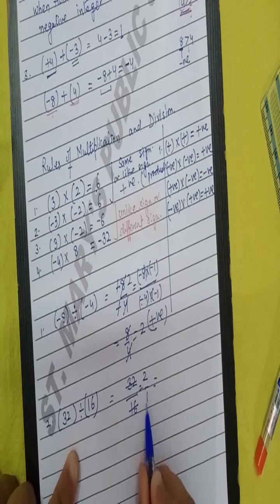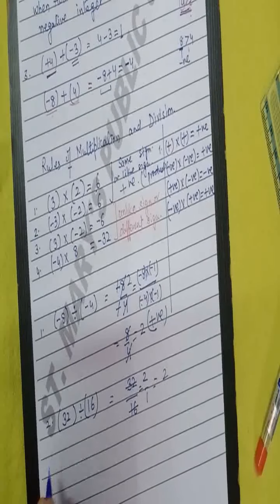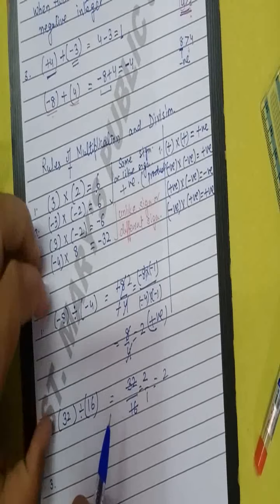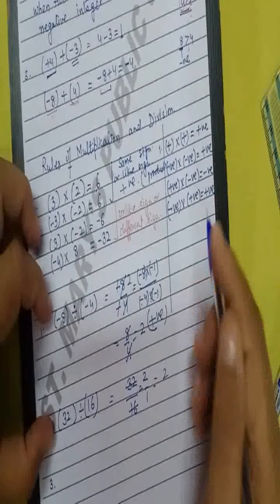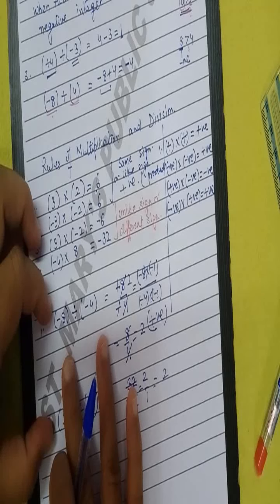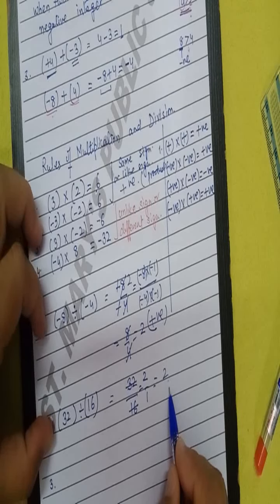And if the denominator is 1, we write it as a whole number. 2 is a whole number, right? Now in these two examples, you saw that when we divide numbers with the same sign, in both conditions the answer is positive.